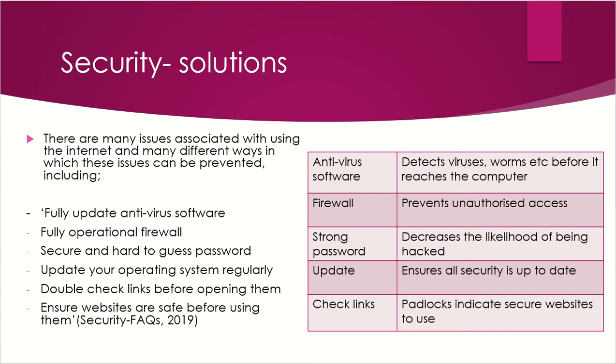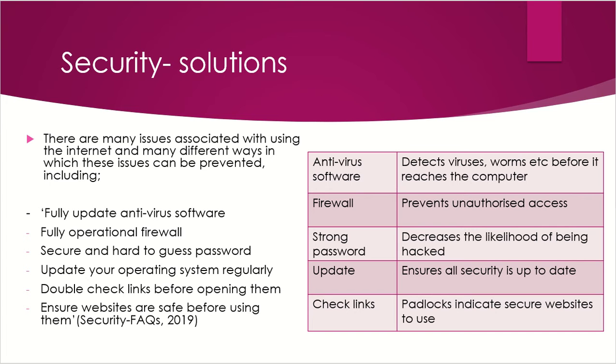Another method of avoiding the previous issues would be to ensure you have a fully operational firewall, which is a system created to prevent unauthorized internet users from gaining access to or from a private network connected to the internet. Also, ensuring you have a strong password makes the account less likely to be hacked into, making the account safer for the user.